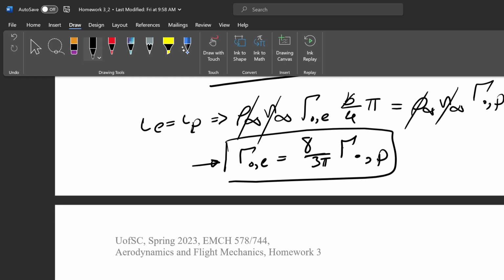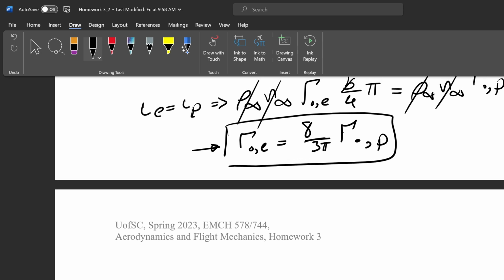If you look at page 50 of the lecture notes again, we have already calculated the downwash for the elliptical one at the symmetry plane, which is negative gamma naught of elliptical divided by 2b.